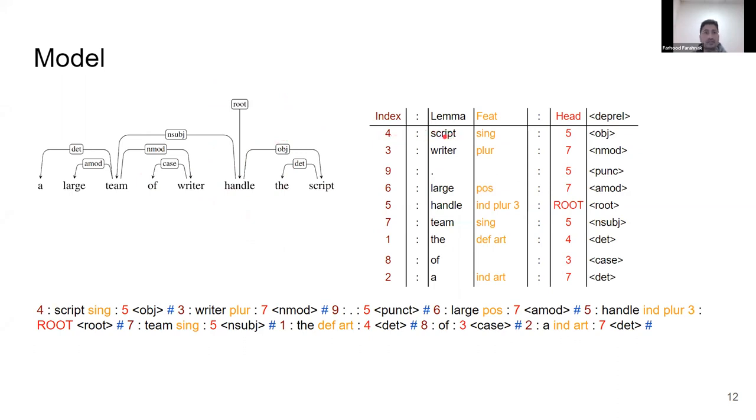For example, the node script: it's singular, its parent is token 5, which is handle, and the dependency relation to the parent is object. Then at the end, we concatenate all the tokens and their features into a single string to feed to our model to generate the sentence.